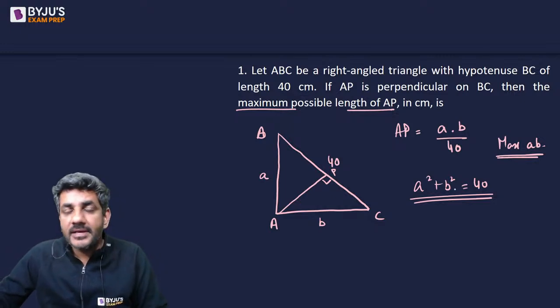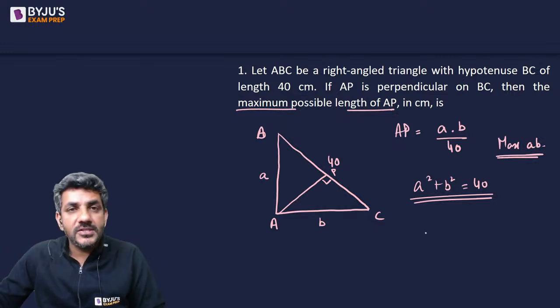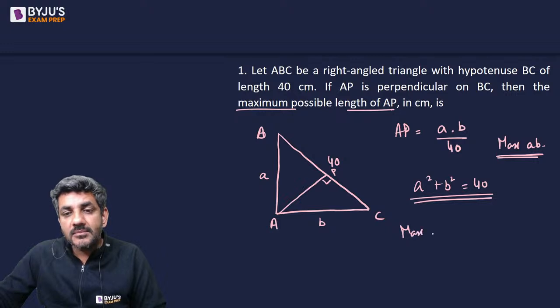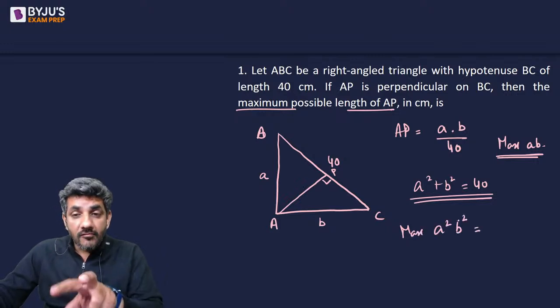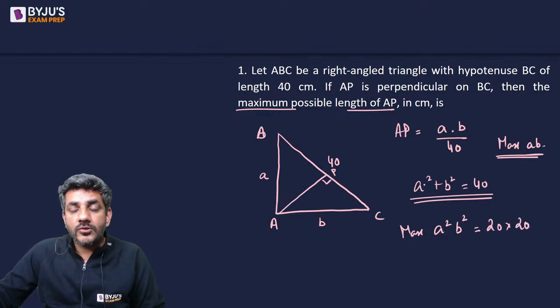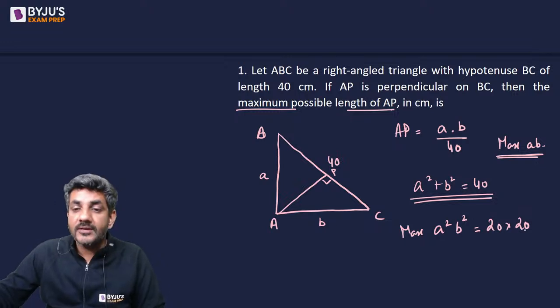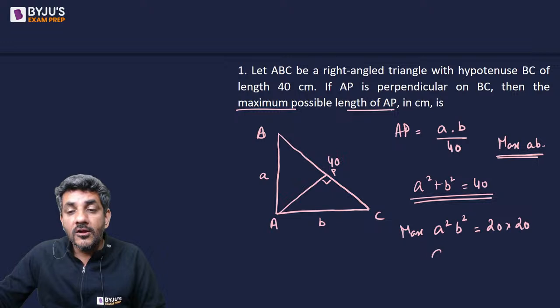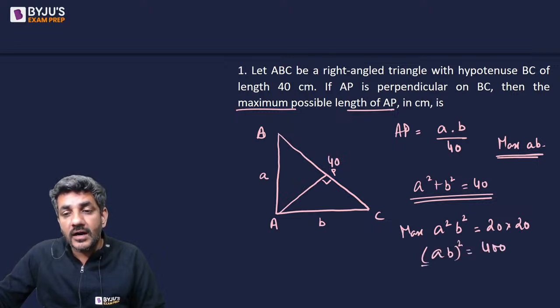So A square and B square are two numbers. Their sum is 40. Can I say the maximum value of their product, A square into B square, will be there when both of them are equal? That means they both are equal to 20. So A square is 20, B square is 20. In that case, A square into B square is 20 into 20, or AB whole square is equal to 400.